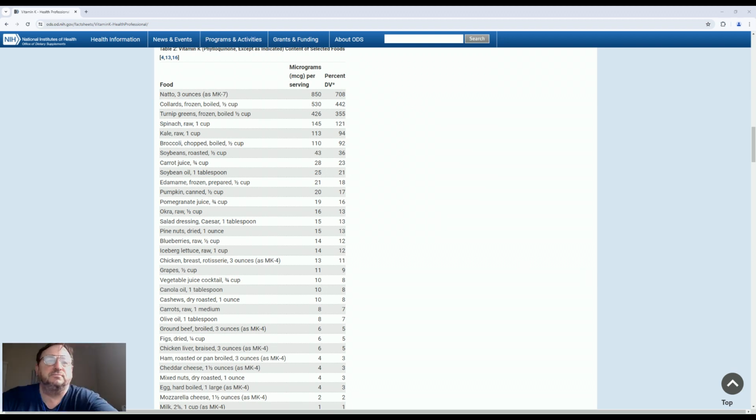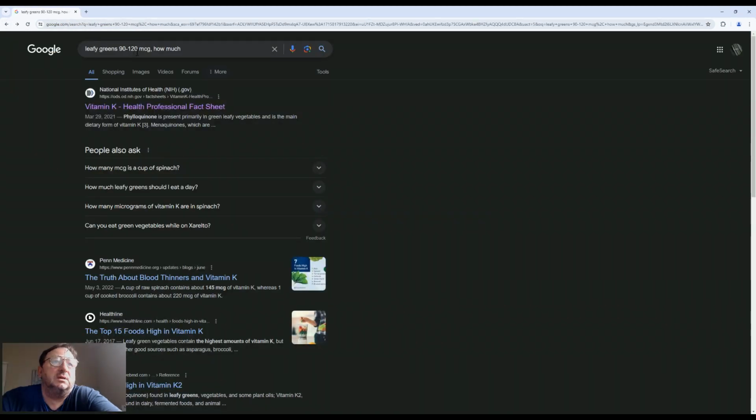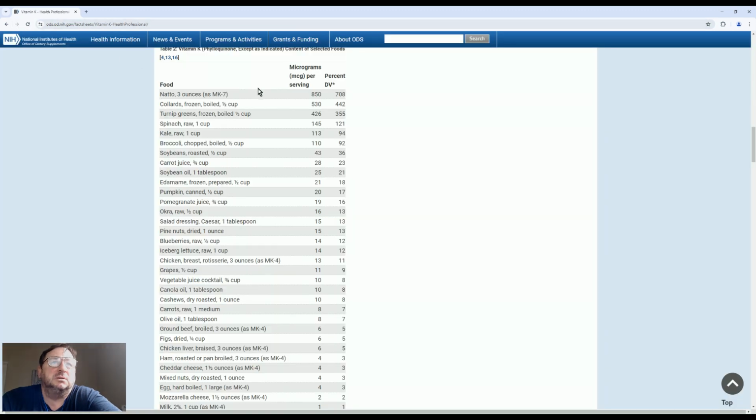Now, basically, what I was looking for is 92.120 MCG. 92.120. So broccoli is good. Kale.